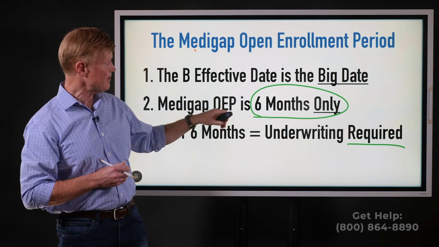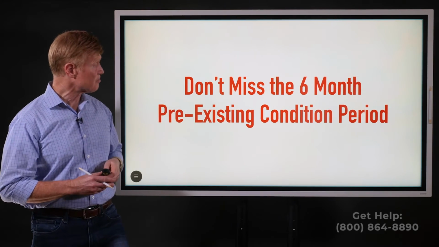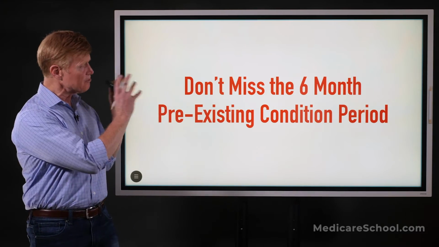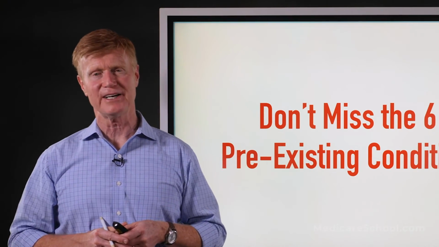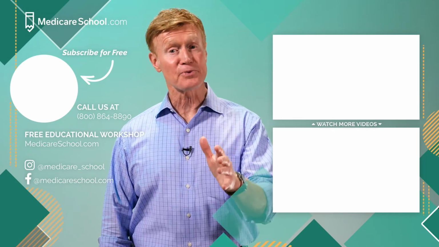They must approve you here, but they don't have to here. That's why we're saying don't miss the 6-month pre-existing condition period. If you want a Medigap policy, this is absolutely the most convenient and simplest time to get one, because after that, you're going to have to medically qualify.